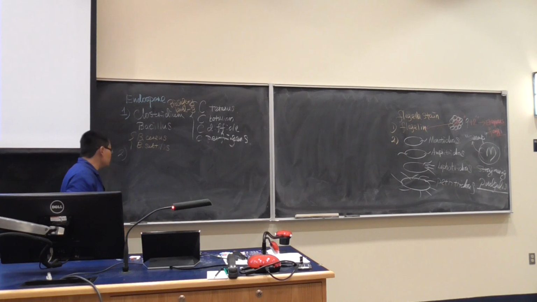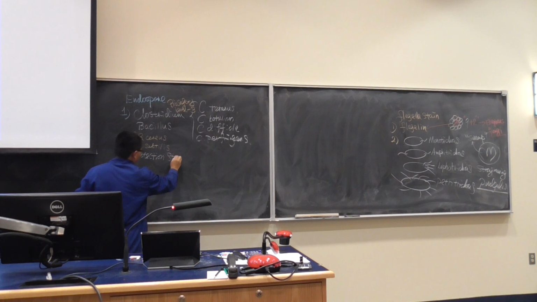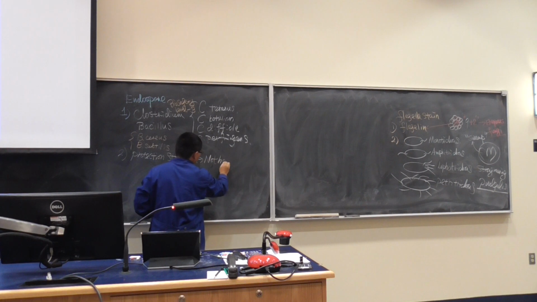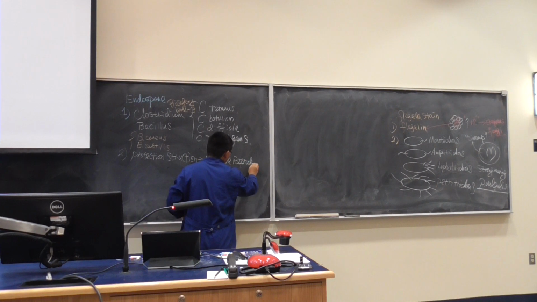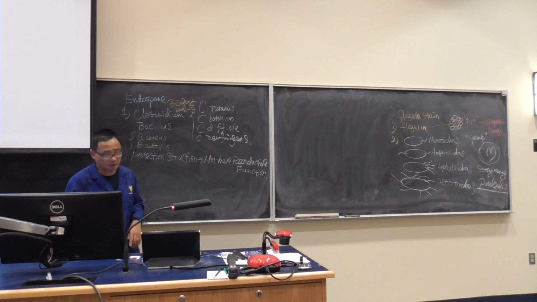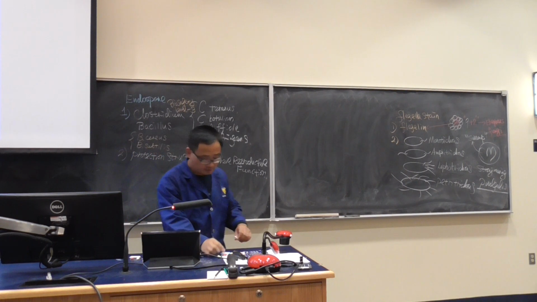Now, what is the endospore? Endospore is a protection structure. What does a protection structure mean? It means they do not have a reproductive function. That means if the mother cell has an endospore, it does not mean the daughter cell will automatically have endospores.